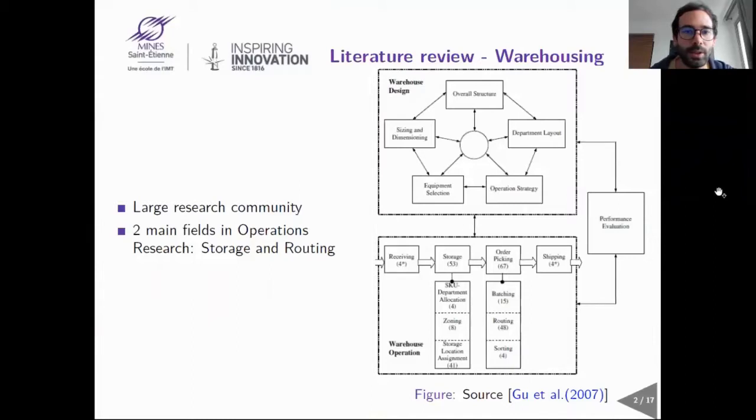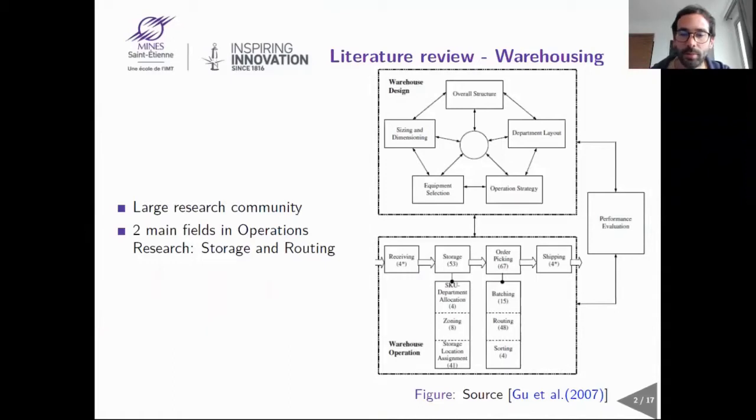So first, a bit of background on the literature in warehousing. Warehousing is a big part of supply chain, and it's a large key component of the operational performances of a logistic chain. So it has been quite studied in operations research.